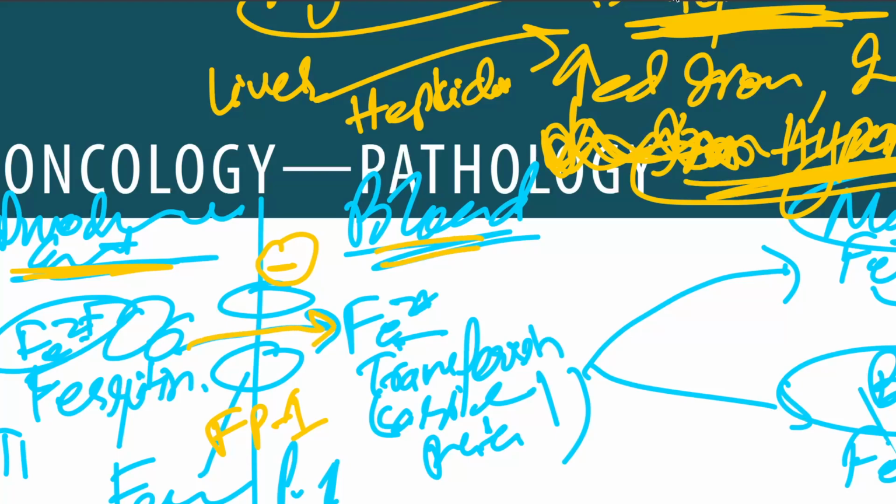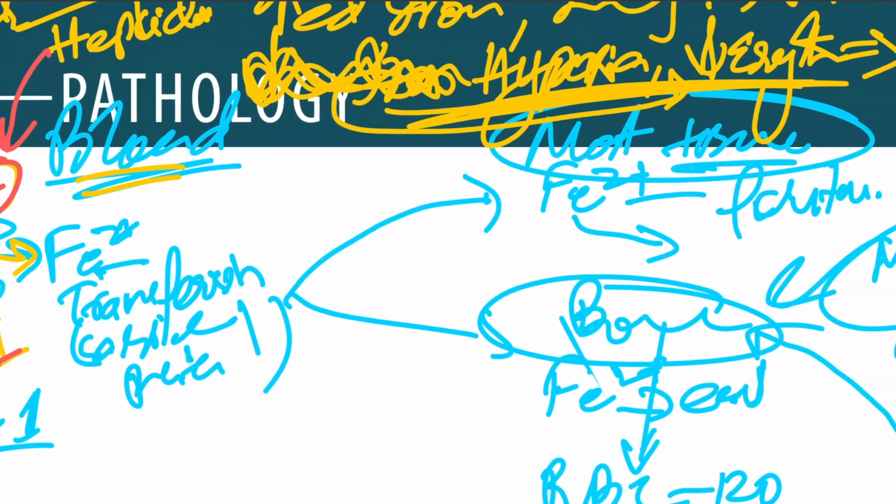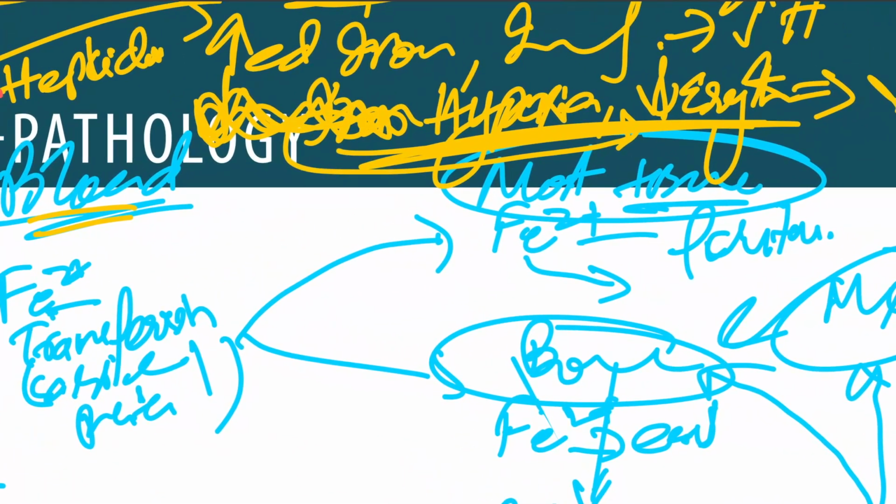So hepcidin inhibits these channels, the FP1s, and also inhibits the macrophages from giving their iron.